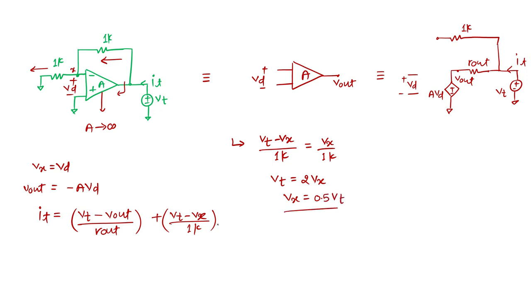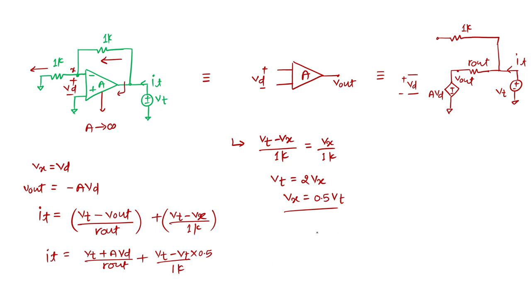Okay, so this thing we can put inside it. So what is this IT? IT is your Vt plus A times VD by R out plus (Vt minus Vx) by 1K, which is also 0.5 times Vt by 1K. What is VD?